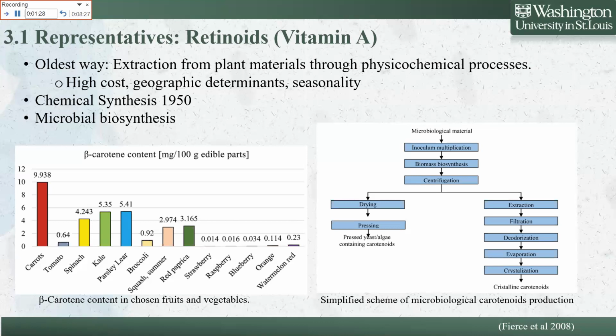On the beta-carotene production industry scale, cultures are conducted in 3 main stages: inoculum multiplication, biomass biosynthesis, and carotenoid extraction. Depending on the final form of beta-carotene, biomass is subjected to appropriate technological operations.